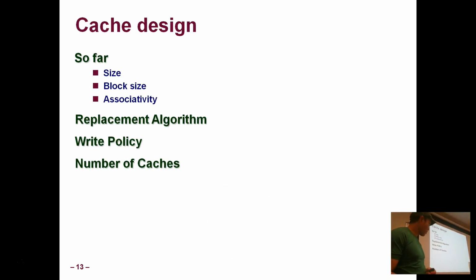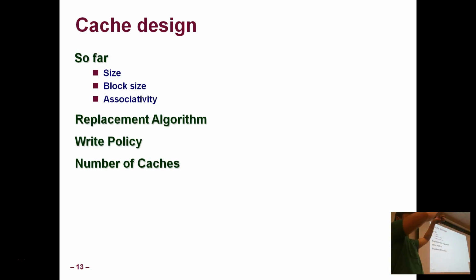Okay. So now we're going to talk about overall cache design. It's sort of a higher level. So far, we looked at the cache size. We looked at the block size in terms of improving spatial locality. The size of a cache helps you with temporal locality.